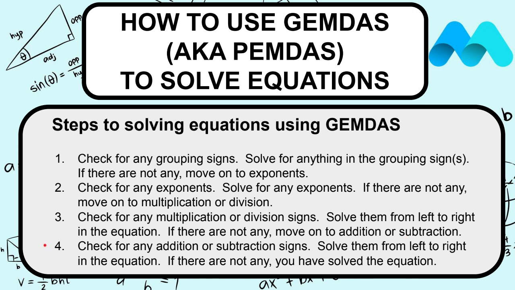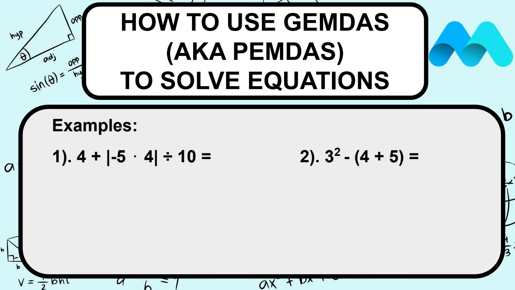And then same thing, the last step, step four down here, check for any addition or subtraction signs. Solve them from left to right. If there are not any, you have solved the equation. That's always going to be your last step. At that point, you should have solved for whatever variable you have. All right, let's put this into action and check out a couple of examples.